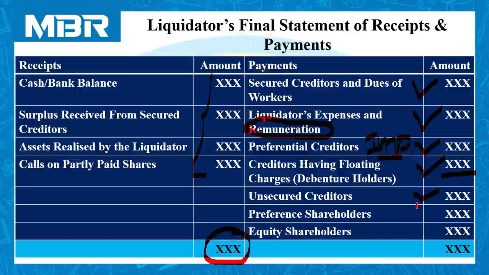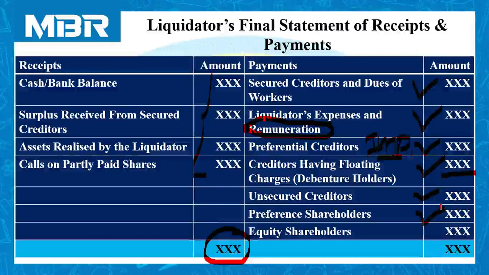After paying all categories of creditors from secured creditors to unsecured creditors, at a sixth place we have to pay amount to preference shareholders. After paying all categories of the creditors, now we have to pay amount to shareholders of the company.